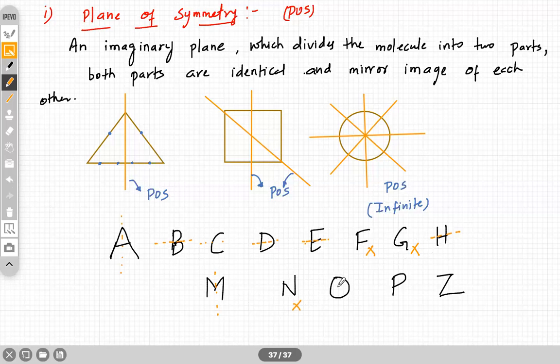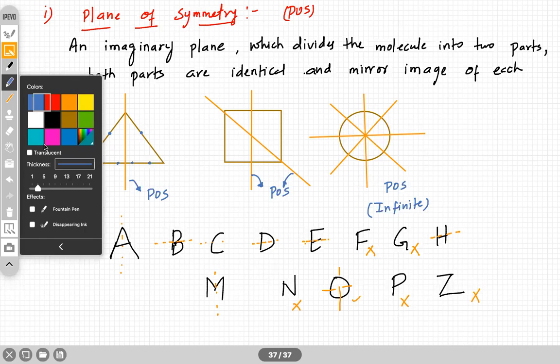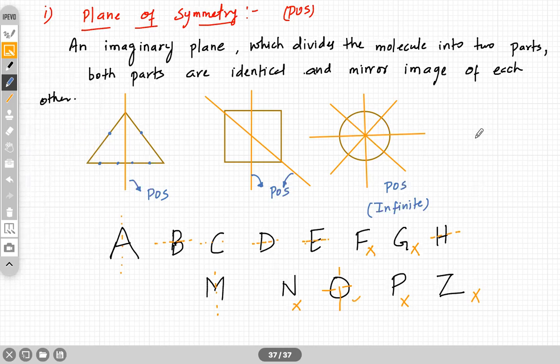Here we have an infinite number of POS possible, as we have already discussed in the case of a circle. P, we don't have a plane of symmetry. Z also, we don't have a plane of symmetry. If you take an example of the letter N, you must be thinking of a plane of symmetry.